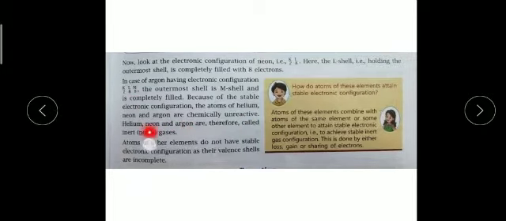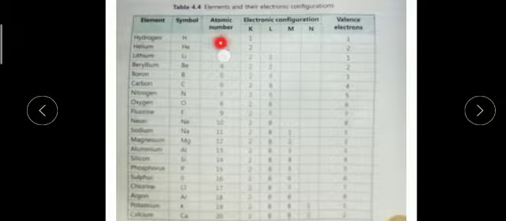Same as all the noble gases, whether it is helium, neon or argon, they are chemically unreactive. Why are they chemically unreactive? It is a give-reason type of question. Because their outermost orbit is completely filled. In case of helium, the last orbit is K, so 2 is completely filled, only 2 can come.